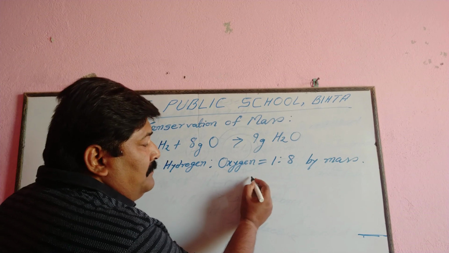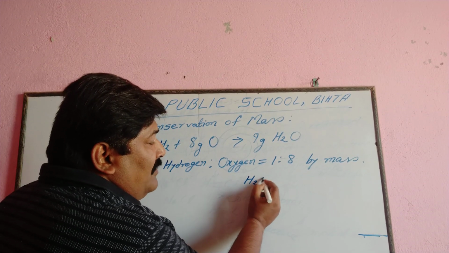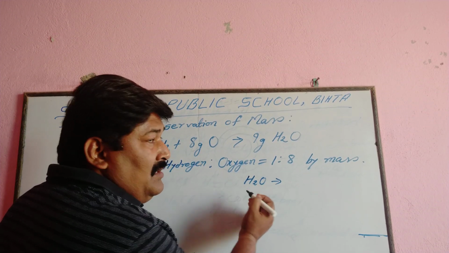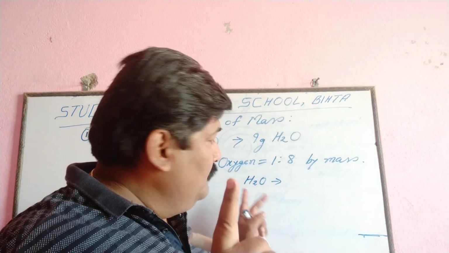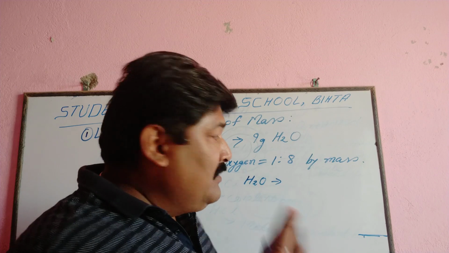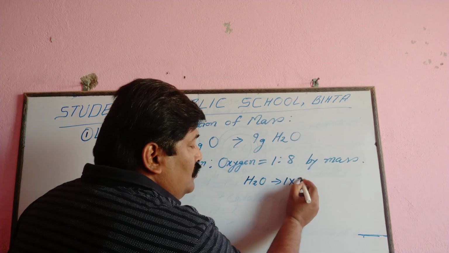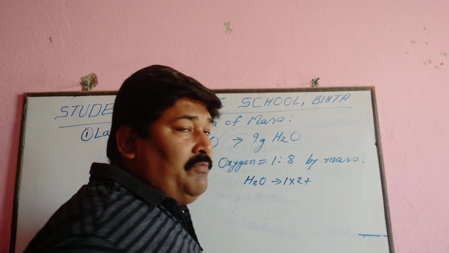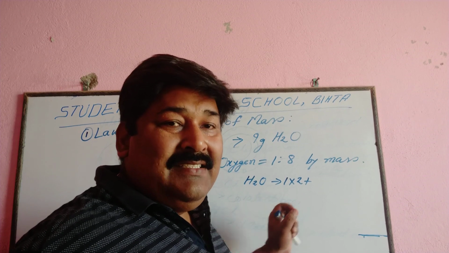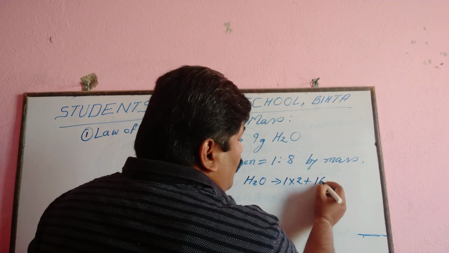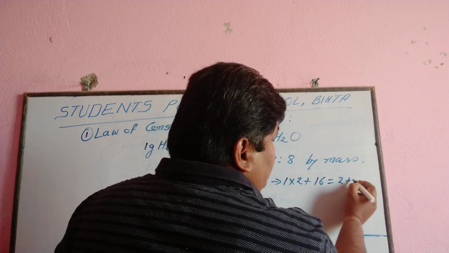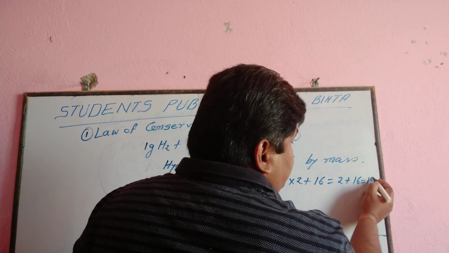What is the atomic mass of hydrogen? We know atomic mass of hydrogen is 1. H2 means 2 atoms. 2 atoms means 1 into 2 plus. What is the atomic mass of oxygen? It is 16. So 1 into 2, 2 plus 16, that is 18.